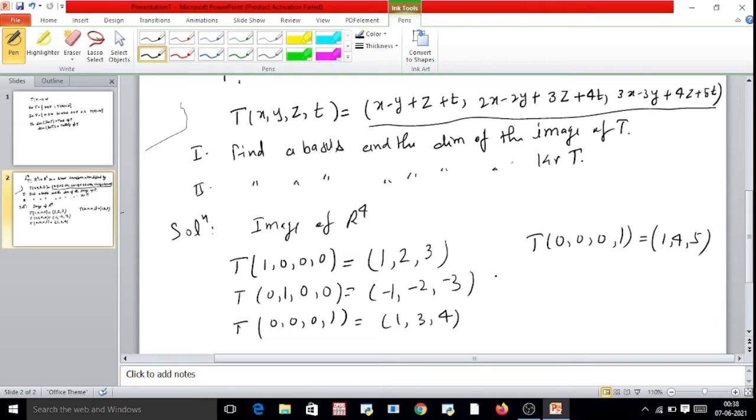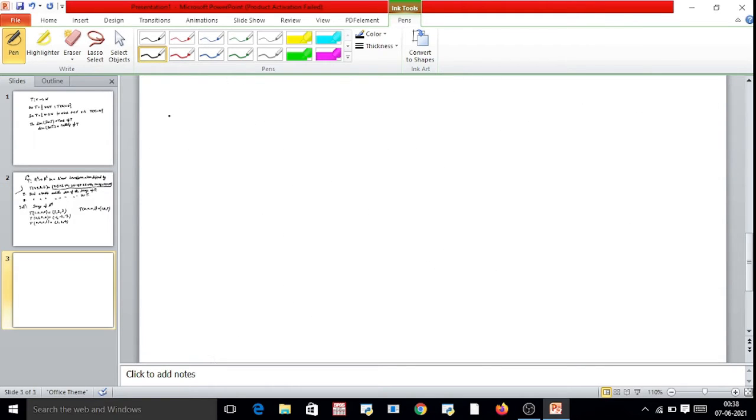So now we have obtained the values and arrange them in row form. This is a matrix, so write it as A, and A is equal to 1 2 3, minus 1 minus 2 minus 3, 1 3 4, and 1 4 5. Now reduce it into echelon form.